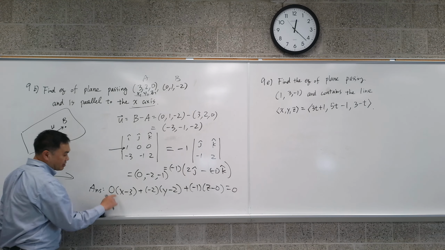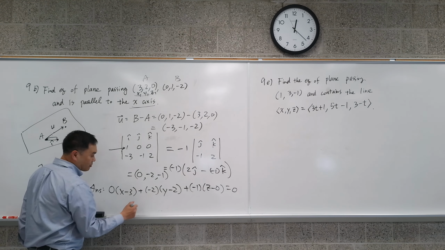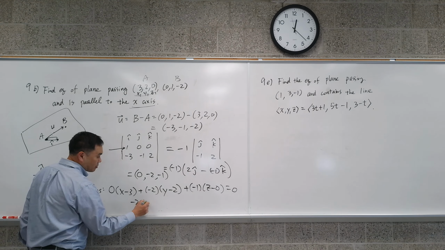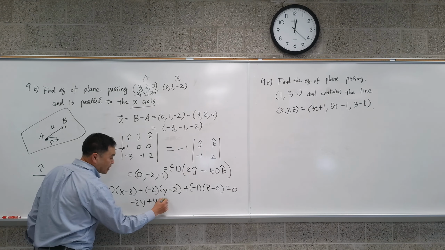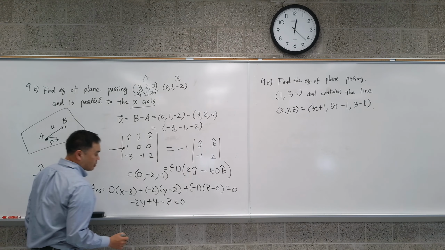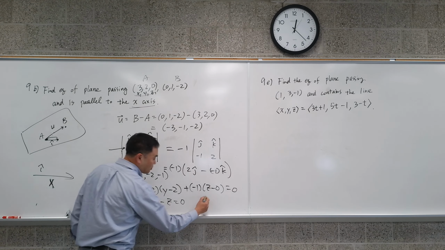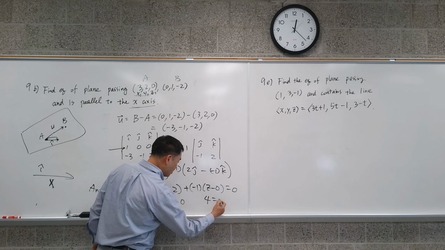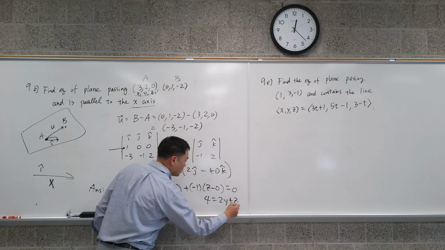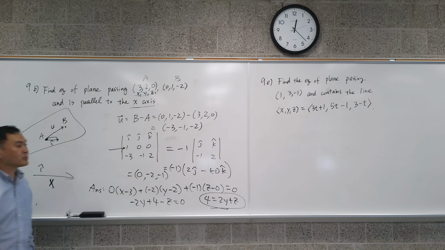Well, the first term is kind of meaningless because 0 times anything is 0. So you have -2y plus 4 minus z equals 0. Then I will just move these to the other side, so you get 4 equals 2y plus z as the final answer. Okay, that's the final answer.